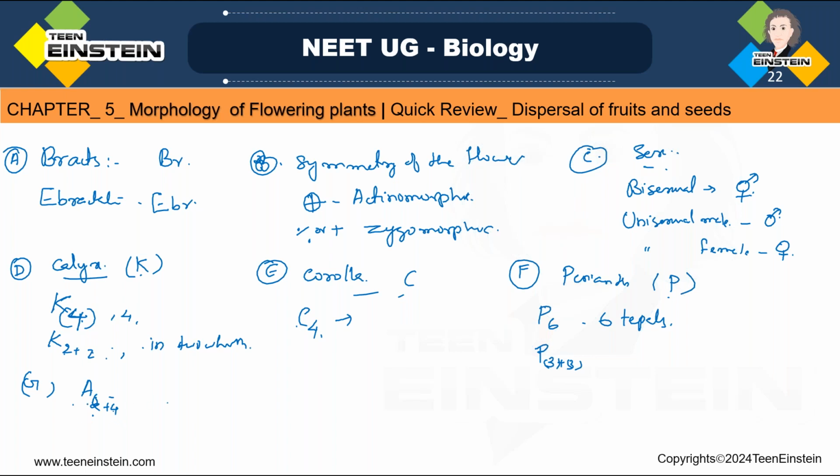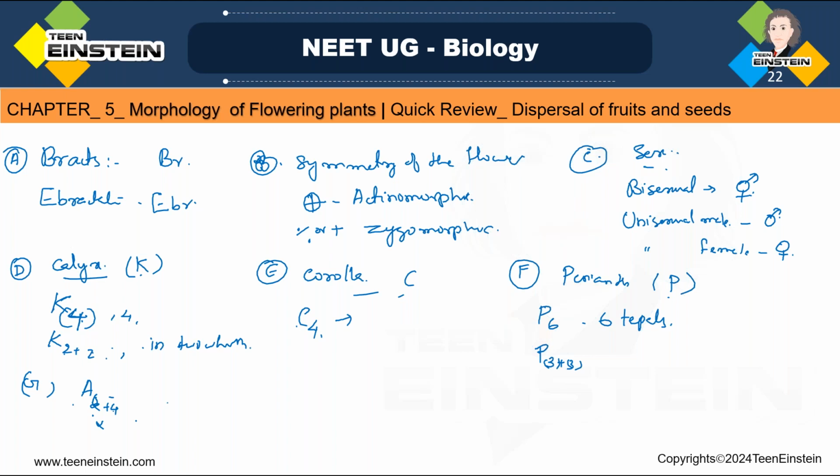And if I'm writing A0, it means stamens are absent in that flower, but you have to mention androecium A0. And if I'm writing infinity, that means infinite number of stamens are there.